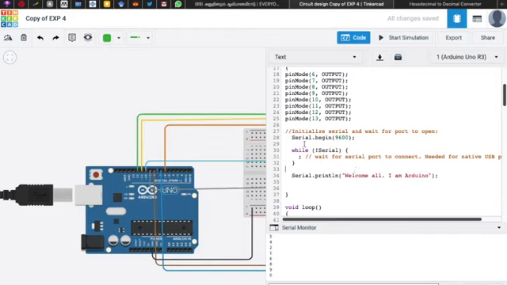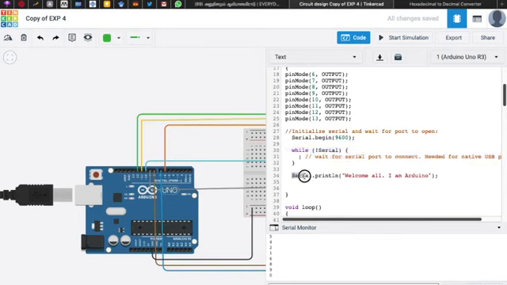To initialize a serial port, we use Serial.begin with the baud rate as a parameter passed to this function. If you write this, the port will be configured to operate at 9600 baud rate, and it will wait for the serial to be initialized completely.